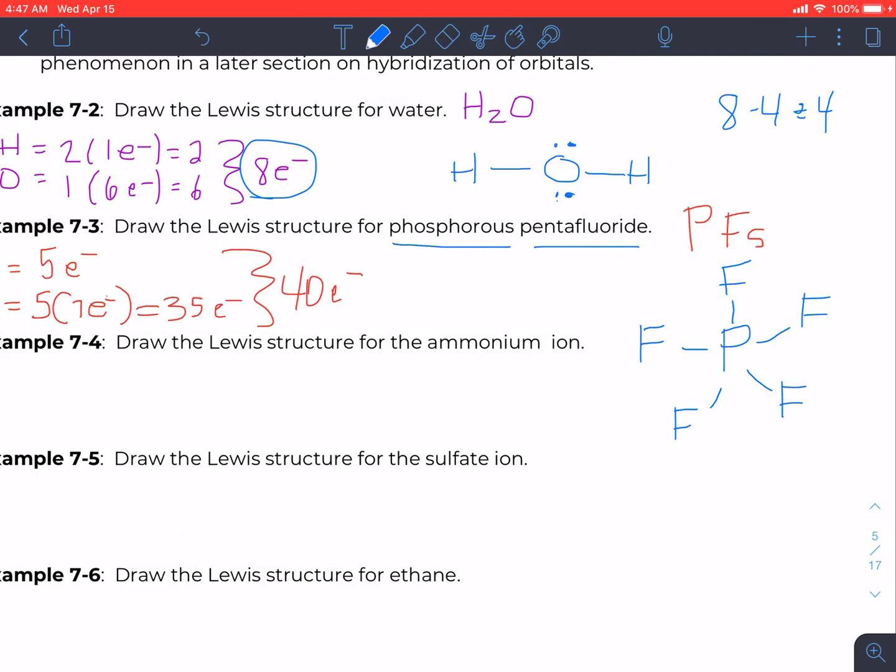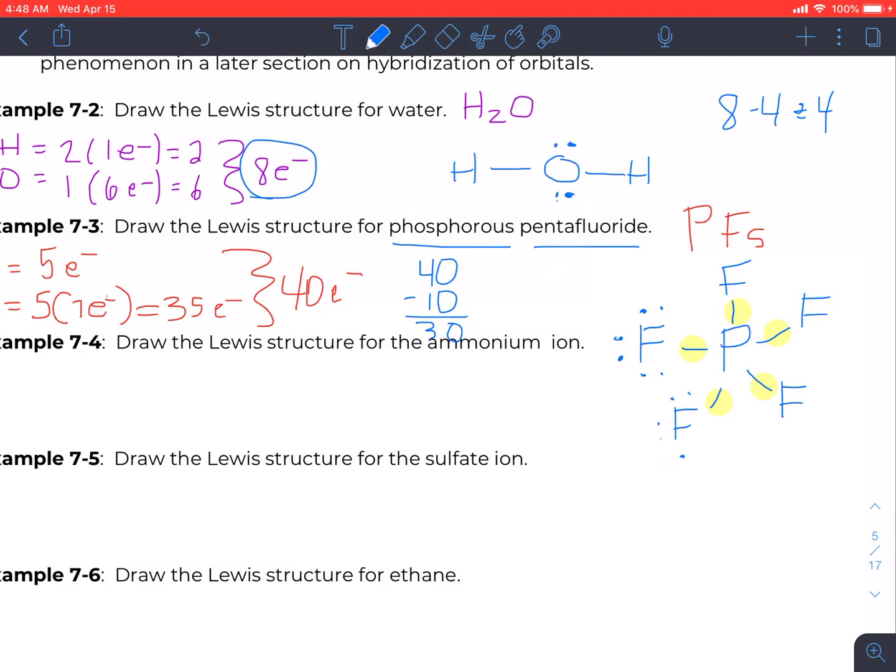So of my 40, let's think about how many we've used so far. 2, 4, 6, 8, 10. So 40 minus 10, I have 30 left. These 30 need to be distributed first to the outside atoms as pairs. So each fluorine will need an additional 6 to complete its octet.